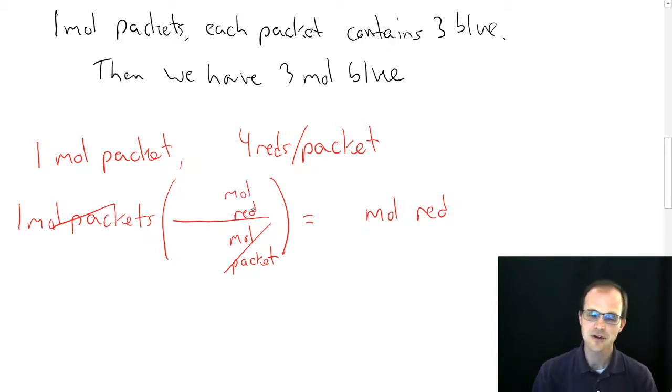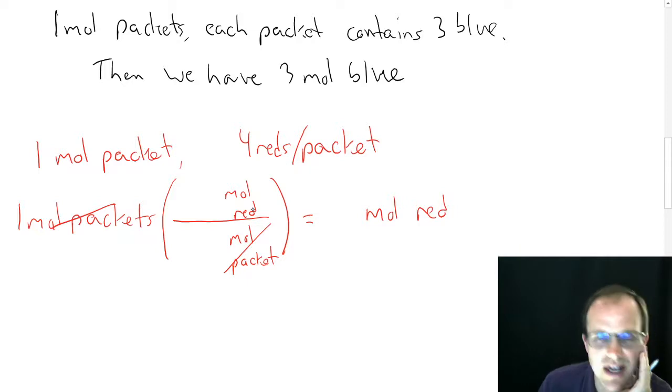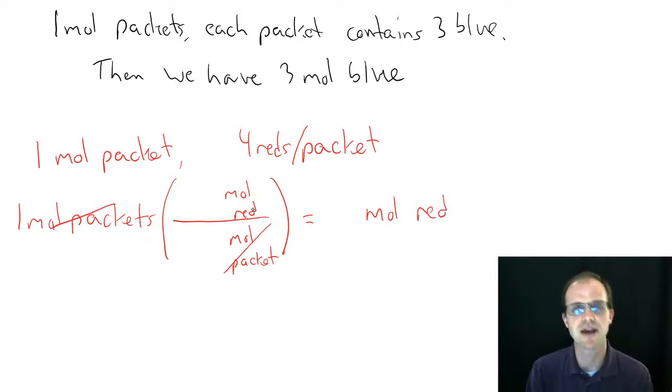And now you might stop and be like, well, gosh, I don't know what the relationship between moles of red and moles of packets are, because I don't really understand this concept of a mole yet, so how am I supposed to know what the ratio is of these moles? Take a deep breath. Anything you can do with moles, you can do with a dozen. Anything you can do with a dozen, you can do with 1. What do I mean by that?